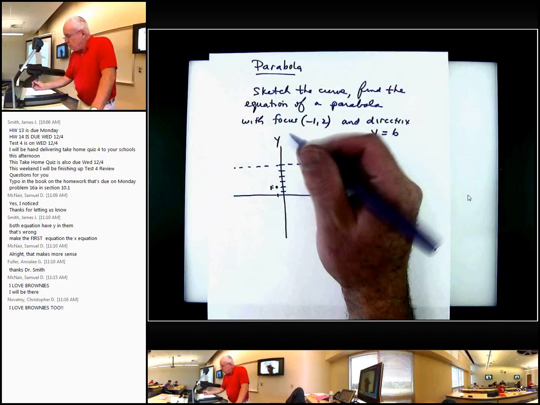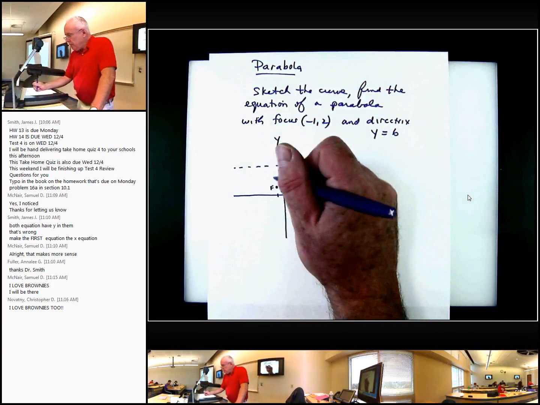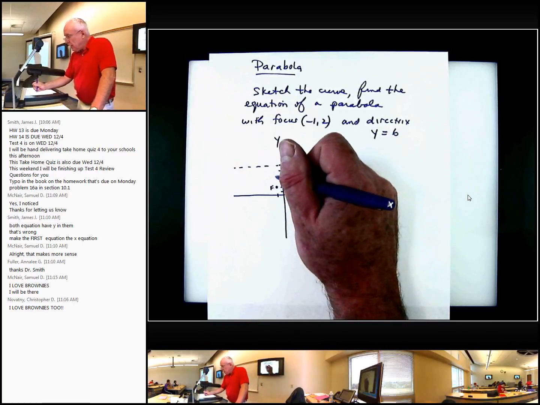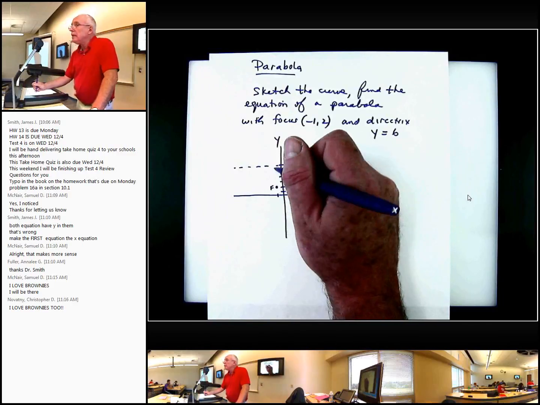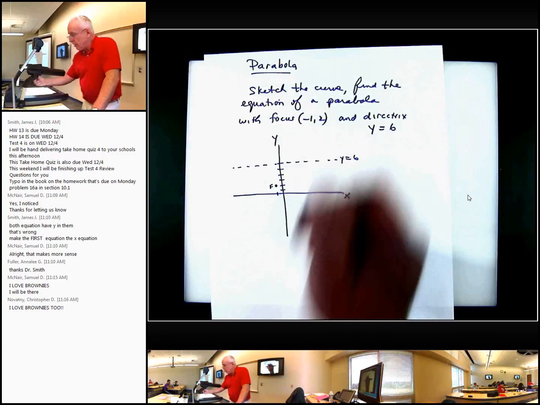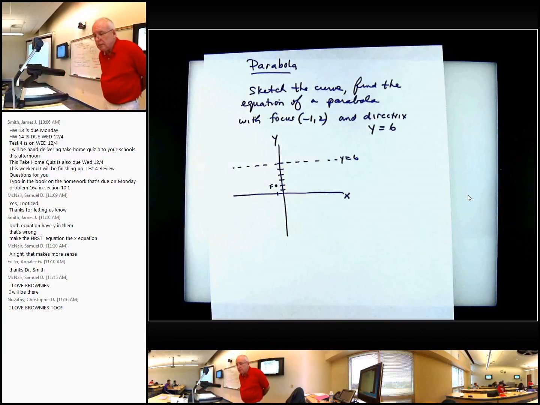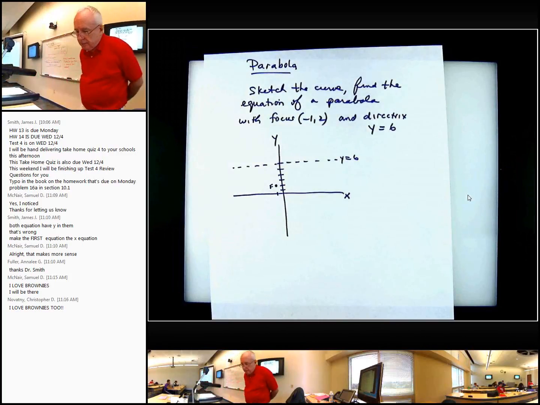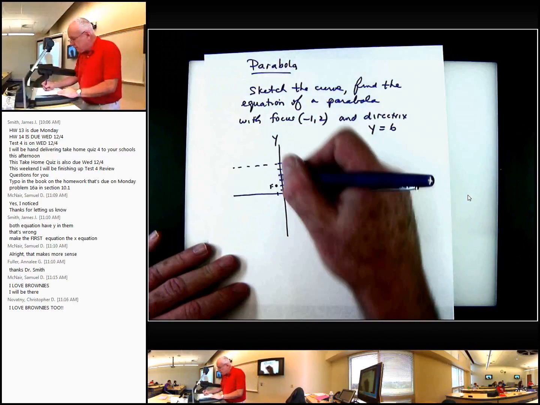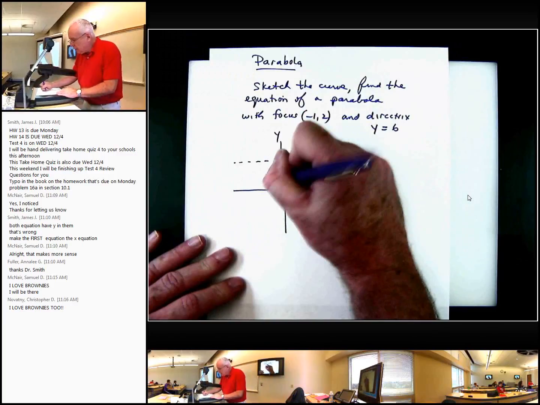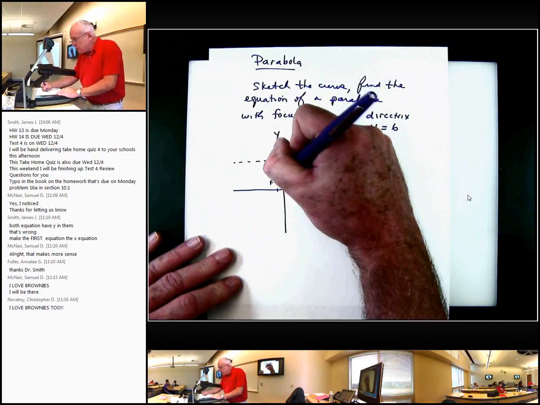Now, with a parabola, remember, it's defined so that every point on the parabola, if we add the distance to the focus and add the distance to the line, that equals a constant, right? Okay. So the first thing we can find out here is actually the vertex.